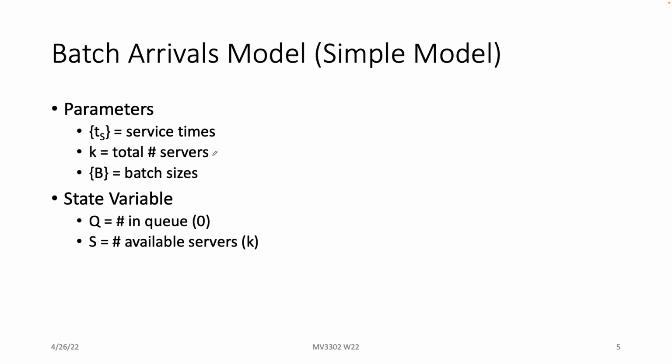So therefore, we have our usual suspects of parameters, which are the service times and the number of servers, and our usual suspects of state variables, namely the number in the queue and the number of available servers, but then we add a parameter which is going to be the sequence of batch sizes, and calling that B for batch.